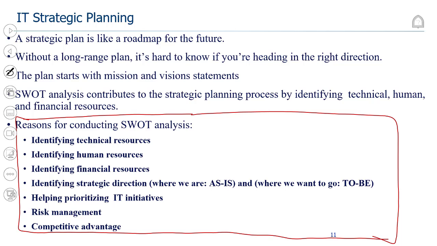Now, when you talk about IT strategy, we are talking about how we are going to use IT to support business strategy. So the business guys will tell us what they want to do.